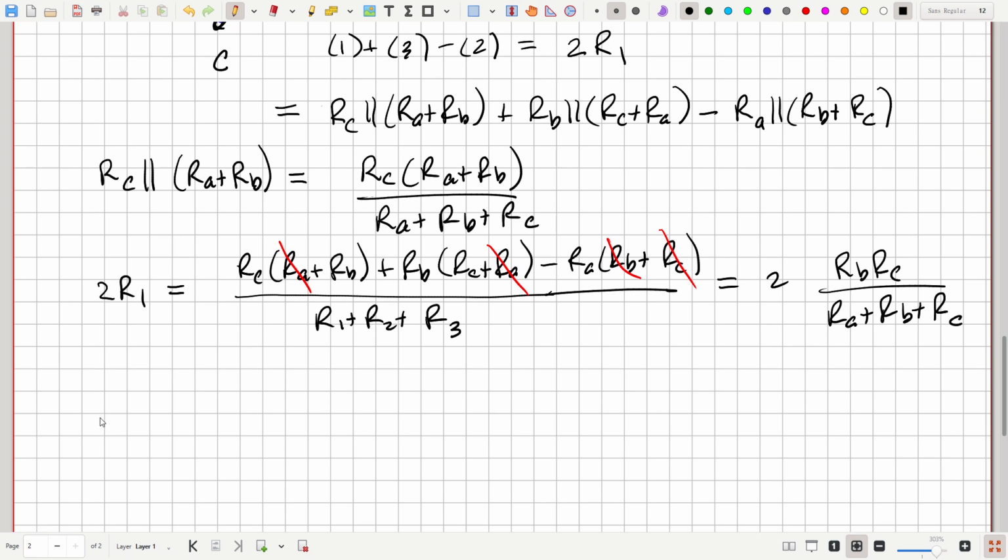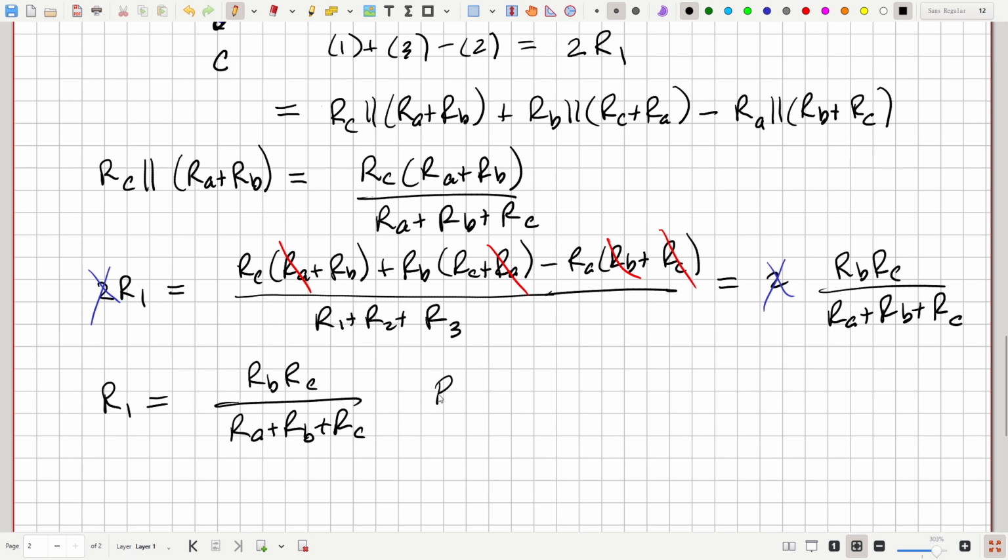Okay, and there's a common 2 in both of these expressions. We can cancel that. And so there is our expression for R1. R1 is RB RC over RA plus RB plus RC.